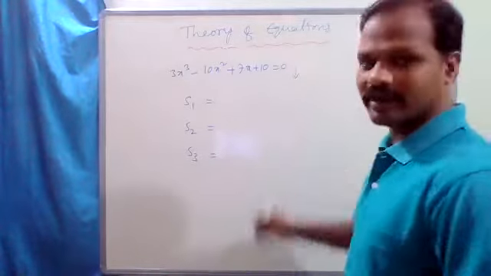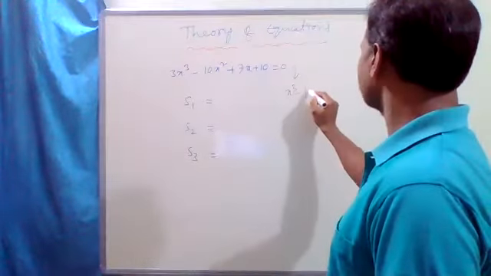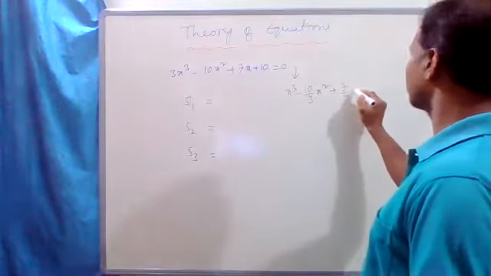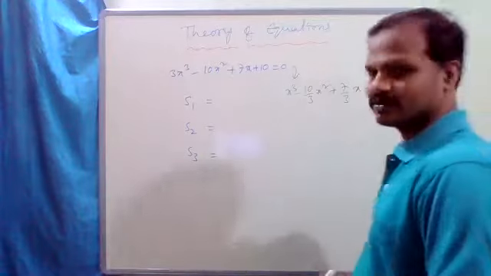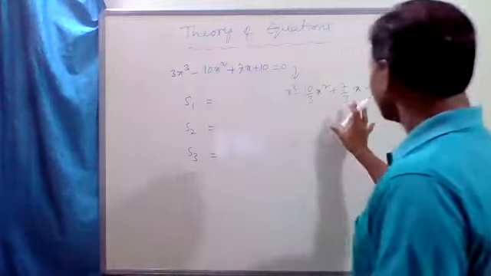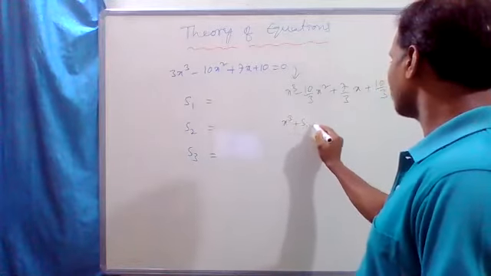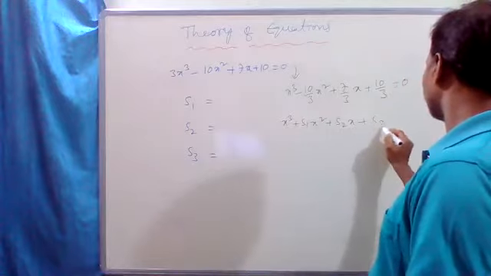So first of all, you have to convert this equation into a monic polynomial, which is x cube minus 10 by 3 x square plus 7 by 3 x plus 10 by 3 equal to 0. Now this is in the form of x cube plus s1 x square plus s2 x plus s3 equal to 0.